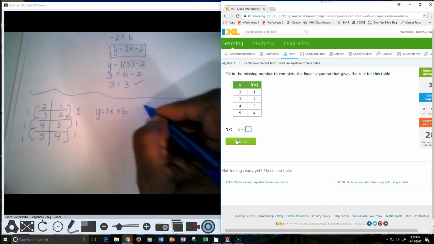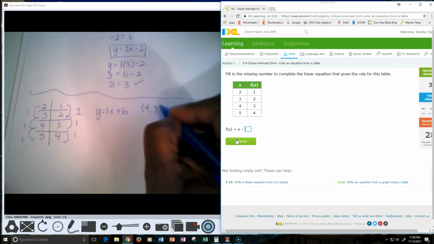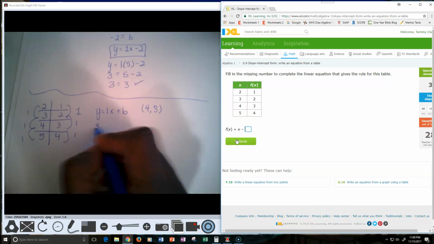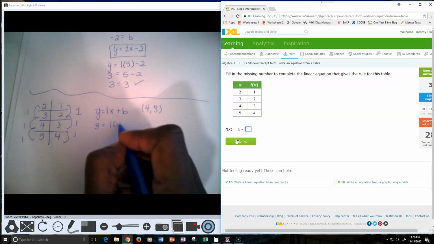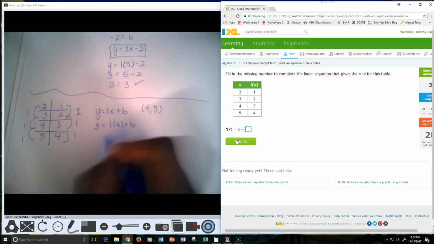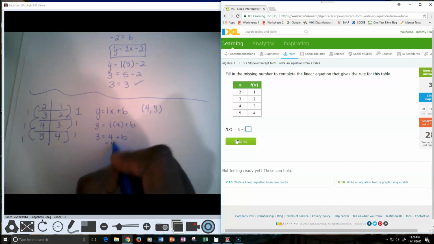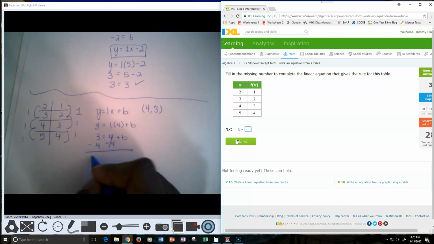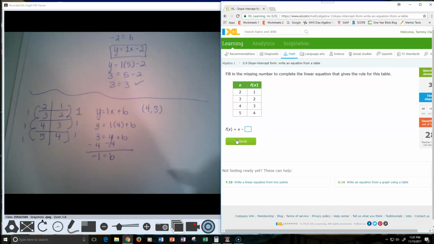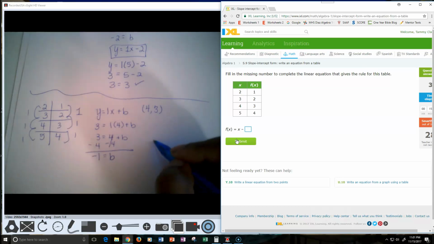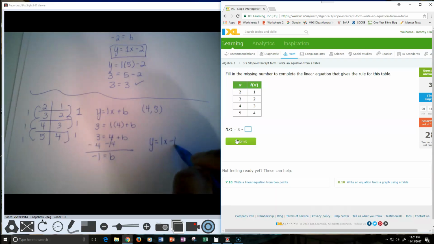Pick an ordered pair. I'm going to pick 4, 3. Substitute 3 for y. 1 times 4 plus b. So 3 is equal to 4 plus b. Subtract 4 from both sides of the equation because 4 was positive. So 3 minus 4 is negative 1. So therefore b is equal to negative 1. Our equation then would be y is equal to 1x minus 1.